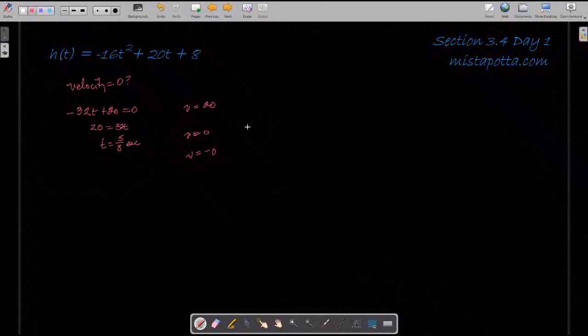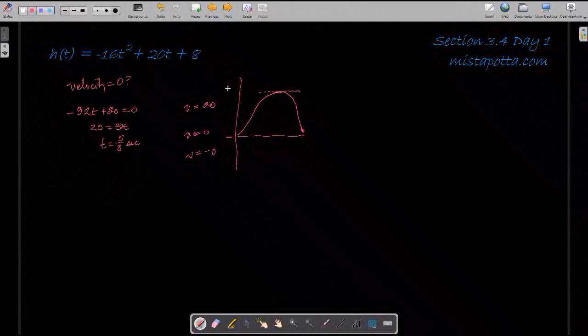So what's happening is I'm going upwards, and I reach a place where my velocity is 0. The slope of this tangent line is 0. And then I start falling. So this is what's happening to my height as t changes.